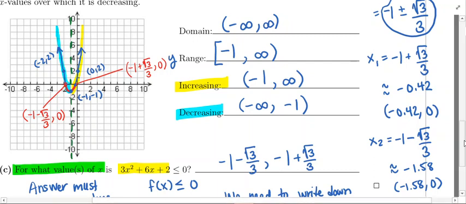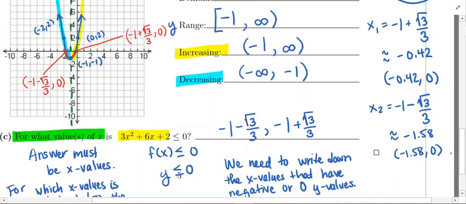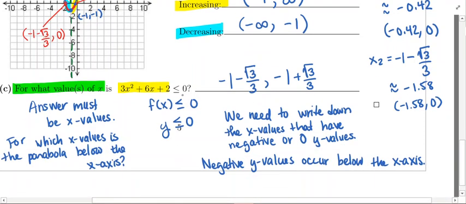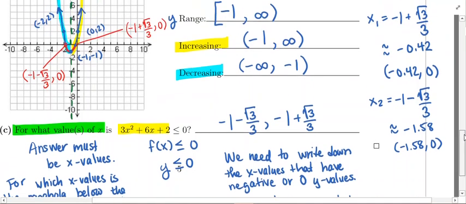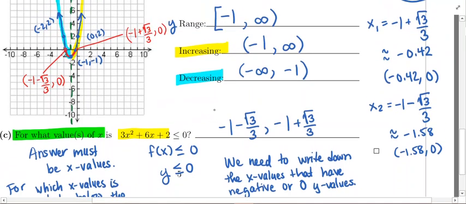So the question becomes, do we use parentheses or brackets? Do we include the x-intercepts themselves? X-intercepts have y coordinates of exactly 0. If you look at the inequality, y needs to be less than or equal to 0. So we are going to include the x-intercepts because their y coordinates are exactly 0, and that's okay according to the inequality.